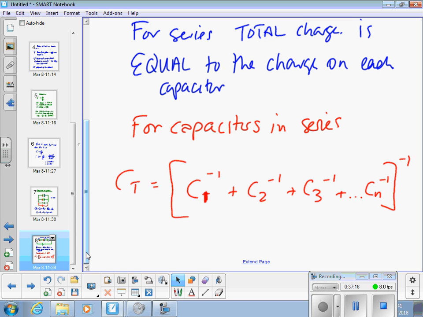Opposite, aren't they? Series resistors you add together, parallel you do something like that. Parallel capacitors add together. Series capacitors use that formula.